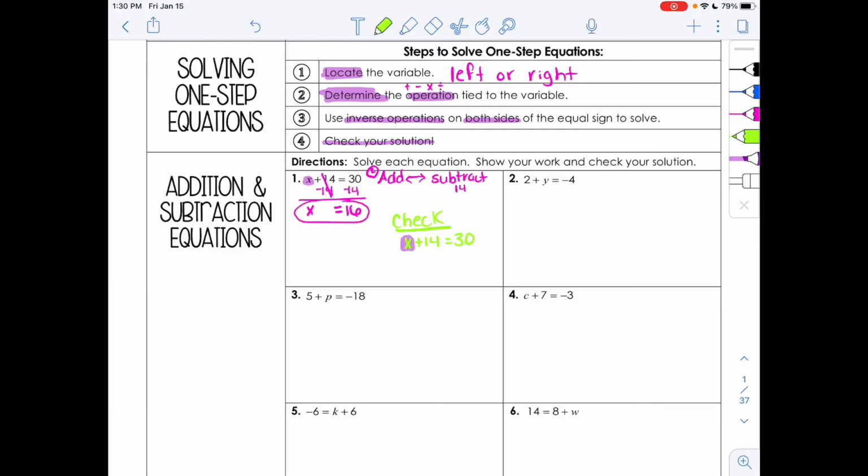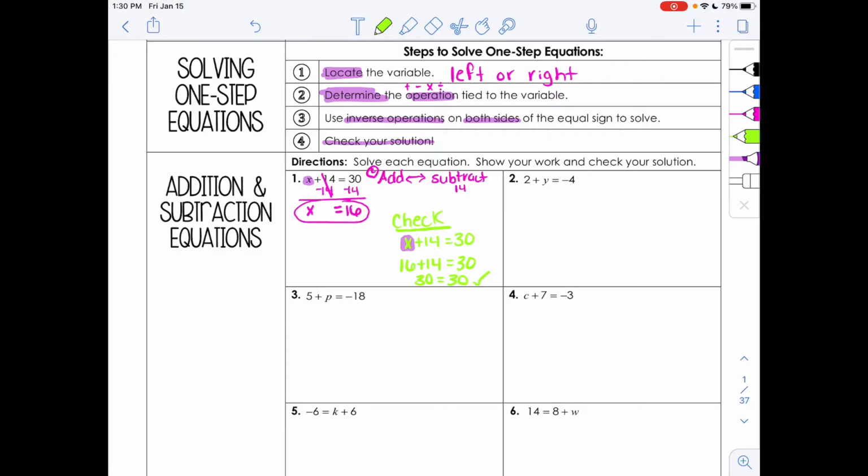I can replace that x with 16 and say 16 plus 14 equals 30. And 16 plus 14 is 30. So I get that 30 equals 30, which is a true statement. So when I'm checking it, if I get that true statement at the end, then I know that my answer of x equals 16 is correct.